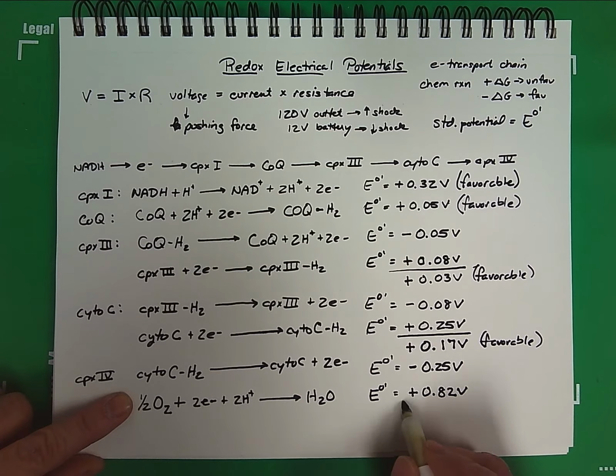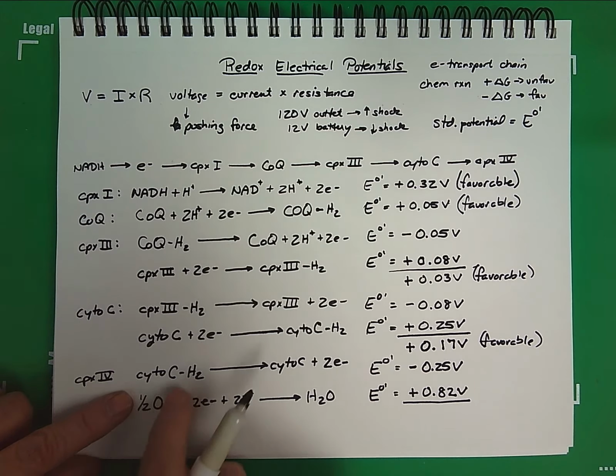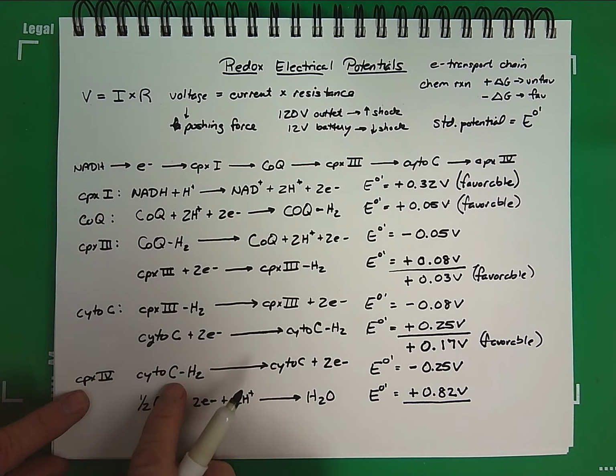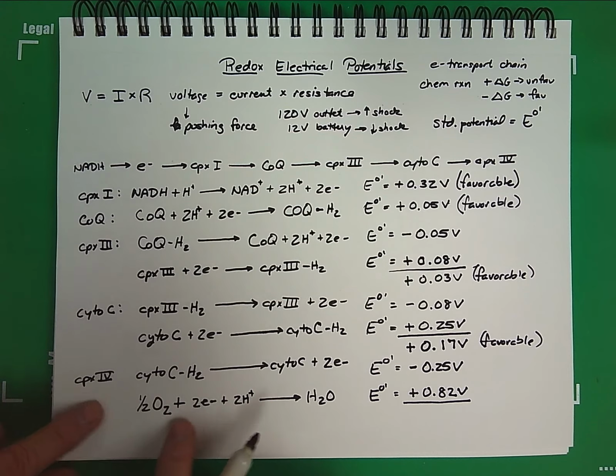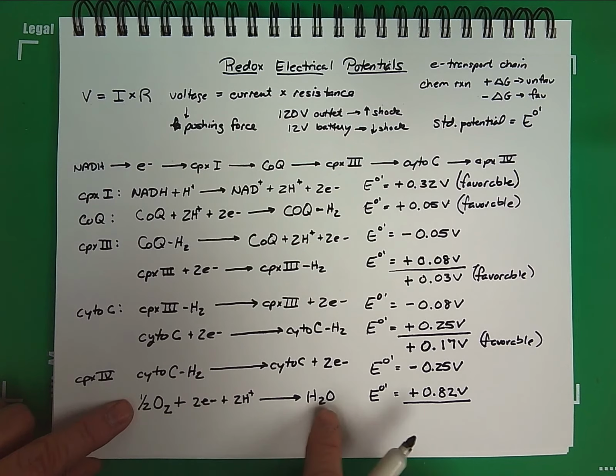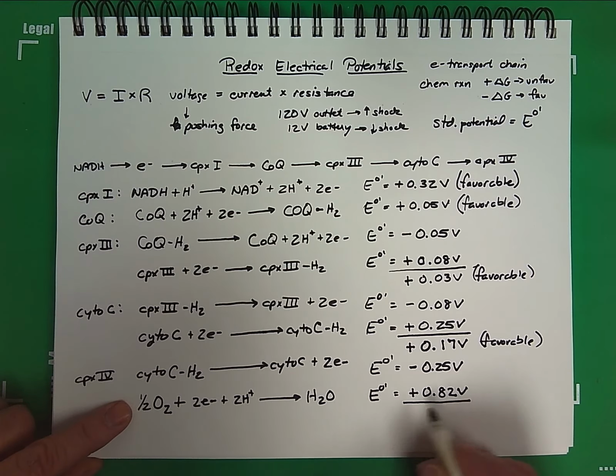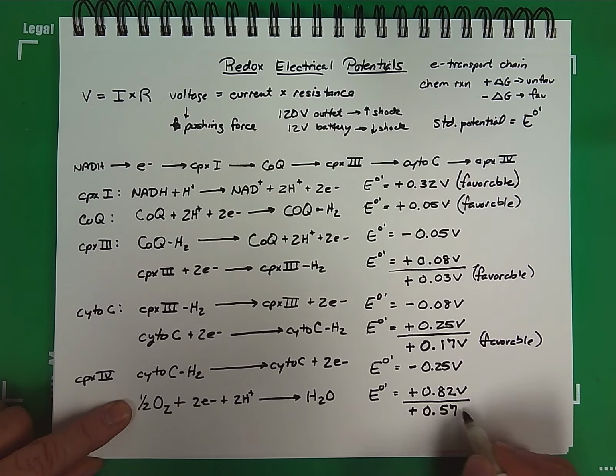So again, in order to determine if the reaction of moving electrons from cytochrome C through complex 4 and ultimately onto oxygen to generate water is favorable, we just add the standard potentials together. And what we see is a 0.57 volts. Again, favorable.